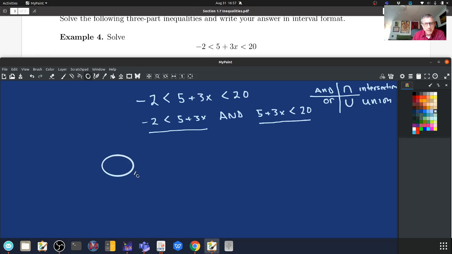And remember, the intersection of two sets, if that's set 1 and this is set 2, so anything within the boundaries of the first circle is in set 1, and anything in the boundaries of the second circle is in set 2. Their intersection is just whatever is in common to both. So this is their intersection.